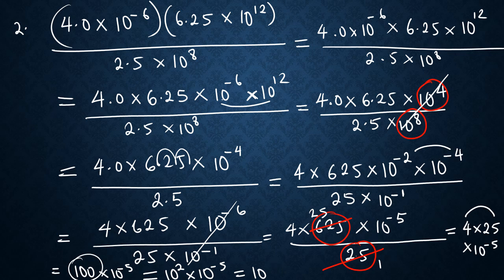So I'm just going to replace that with negative 3. And 10 to the negative 3 is actually going to be 1 over 1,000, which is 1 divided by 1,000. So you're moving 3 steps backward from 1.